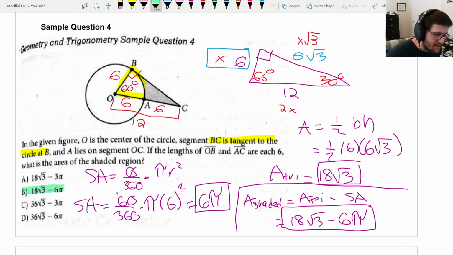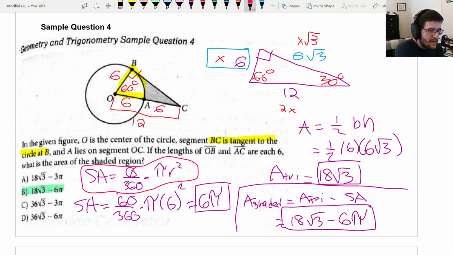Okay, I went through this a little bit fast, but again, if you're confused, please go watch my Ottocento video. I spend much more time going over special right triangles. And it is on the reference sheet, so some of it you don't need to memorize. However, you probably want to know this equation, central angle over 360 times pi r squared. And you definitely want to be familiar with how to set up a special right triangle.